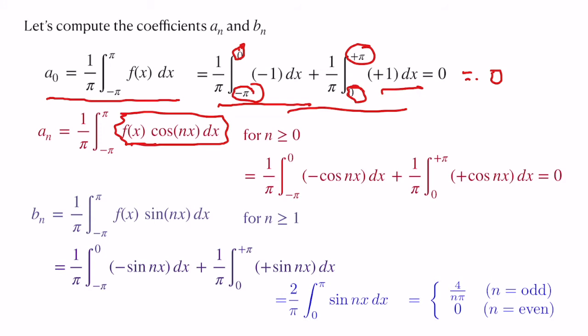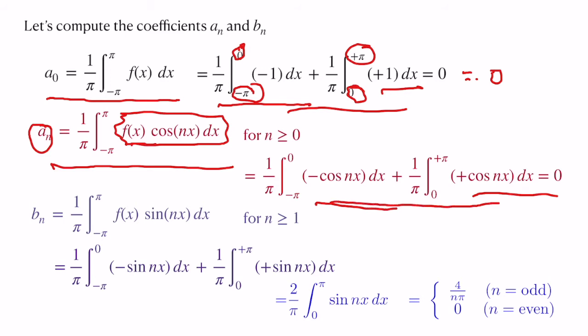So in this case, we see that the function is an odd function. It takes the value of minus 1 from minus pi to 0 and plus 1 from 0 to pi. This is an odd function, and hence this integral is going to be 0. We do not have to really do this integral, because by virtue of the function being odd, this integral would be 0.